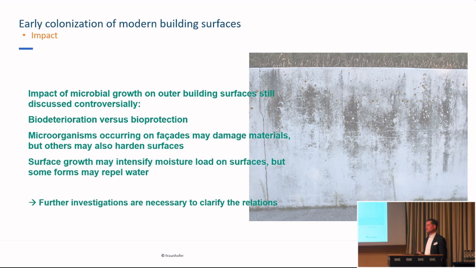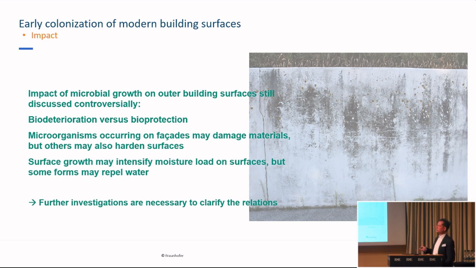The impact of these things on the surface is still discussed controversially. It's a discussion of biodeterioration versus bioprotection, because we see some organisms occurring on the facades may damage materials, they may produce acids, they may be active in kind of a physical way that they swell and shrink and thus produce strain on the surface.